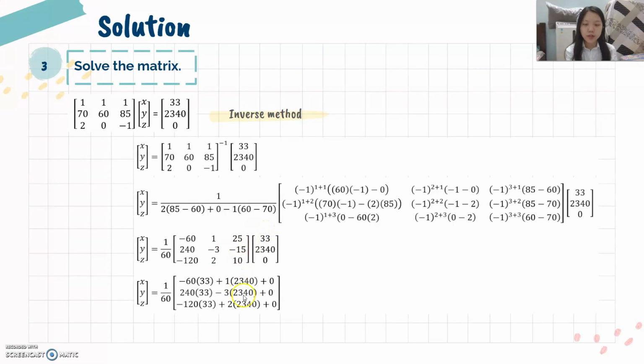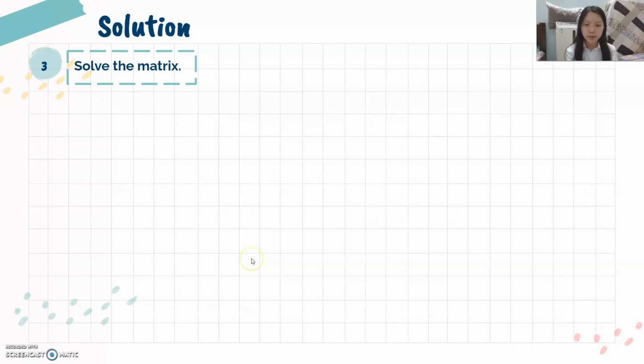For this step, we use the multiplication of matrices 2 times. And lastly, after the plus and minus, we divide by 60 and get this.